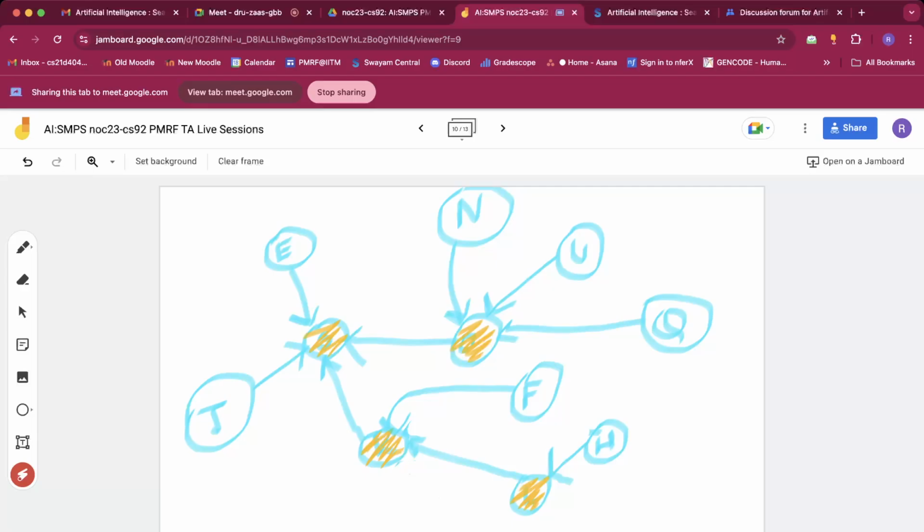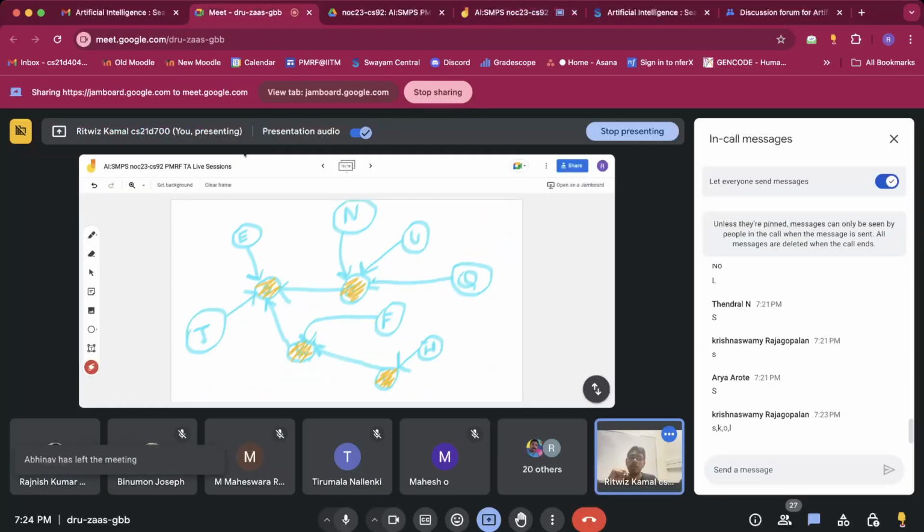So do we have any elements in the closed list that could be put into the kernel at this stage? No, that's right. There are no such nodes in the closed list which can be put into the kernel as of now. So all the nodes in the closed list will go into our boundary at the moment. Okay, and our kernel will be empty.